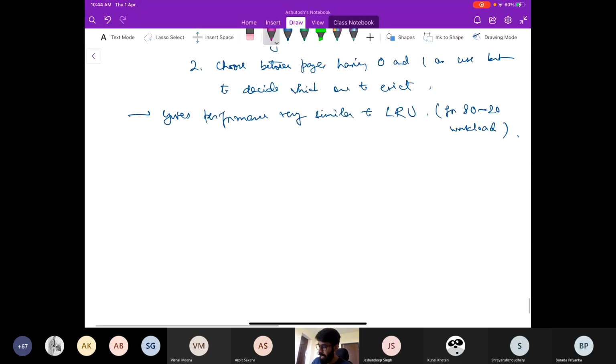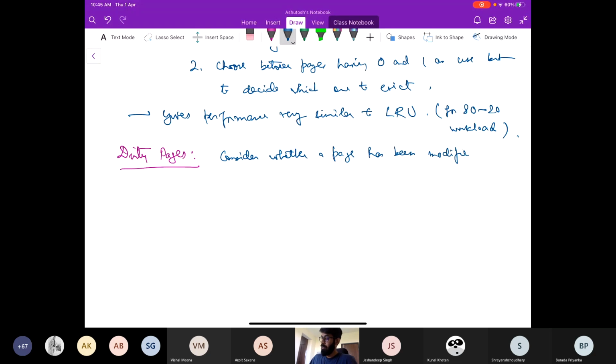There is another idea used to enhance the performance. It's using the dirty bits or dirty pages. Earlier I had told that in the page table entry there is a bit to consider whether a page has been modified. Why?